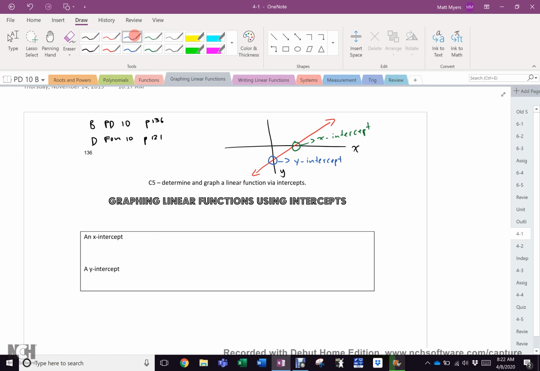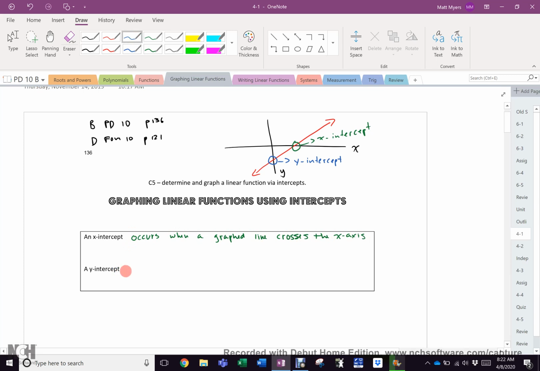An x-intercept occurs when a graphed line crosses the x-axis.